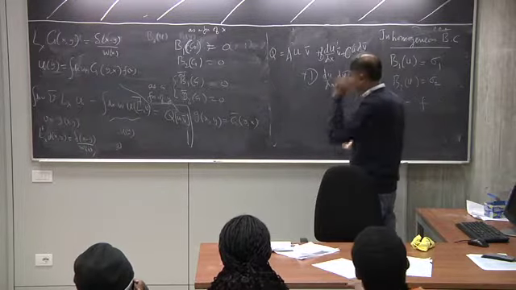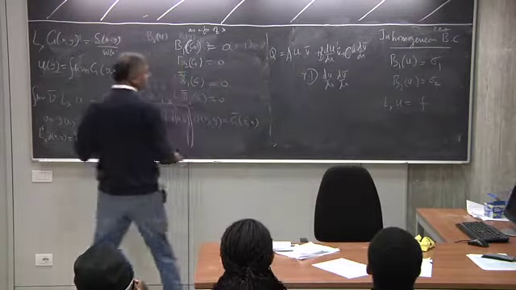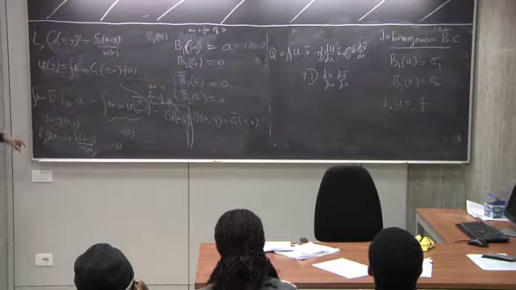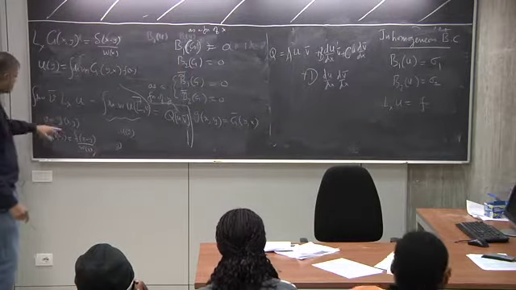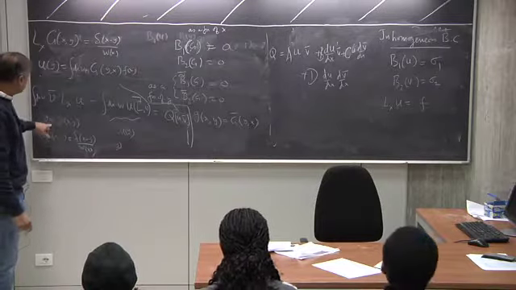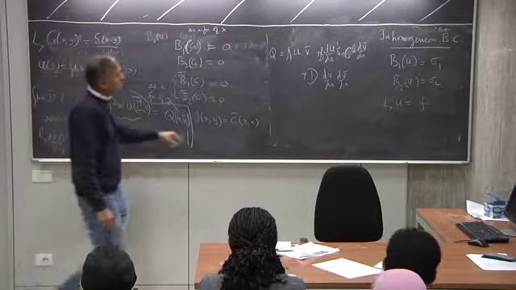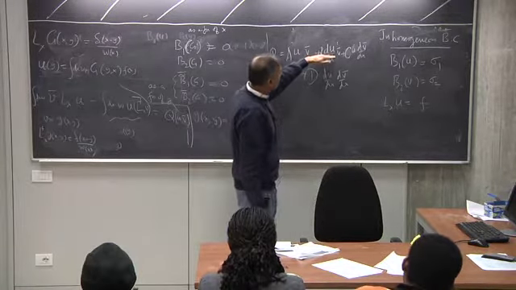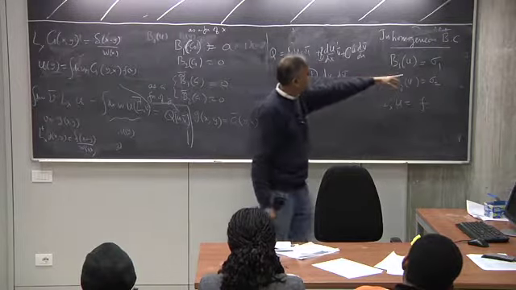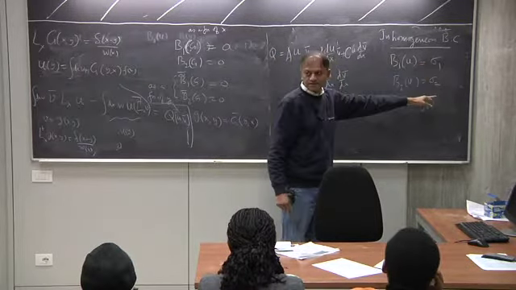Okay. So now we are using this G for the v, and for the u, instead of using homogeneous boundary conditions, we use this sigma 1 and sigma 2.